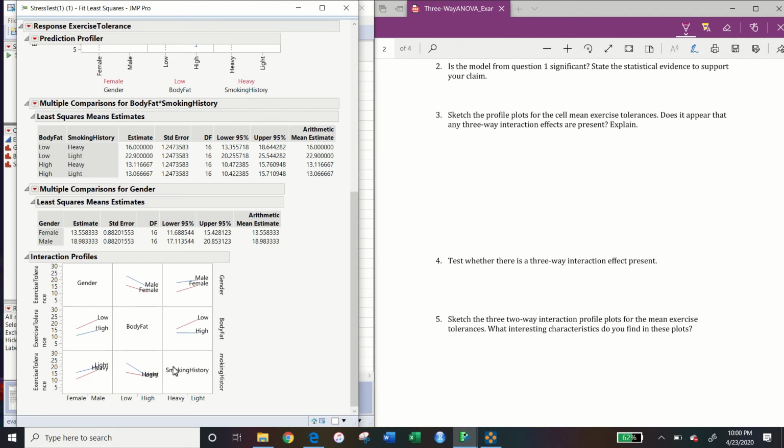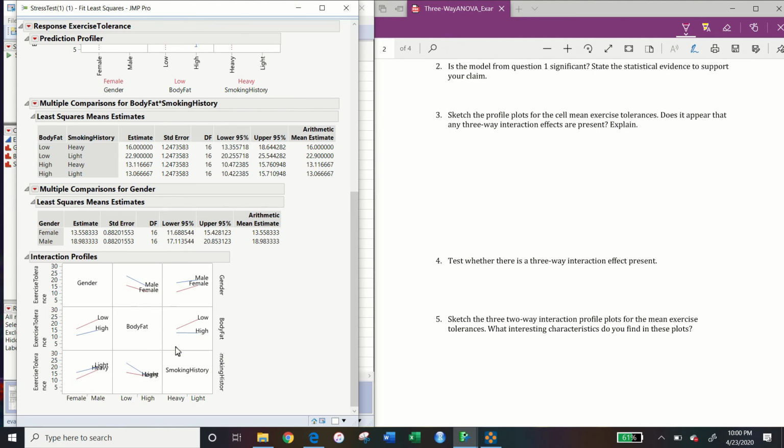So we can see how our exercise tolerance did with, say, body fat and smoking, whether they're heavy or light smoker. And remember, if we have our lines intersecting or about to intersect, that tells us we have an interaction effect.